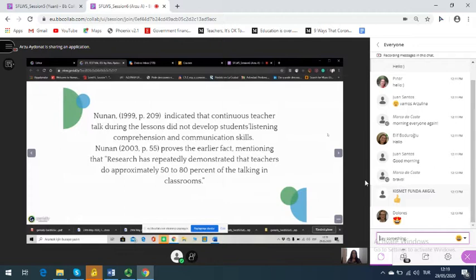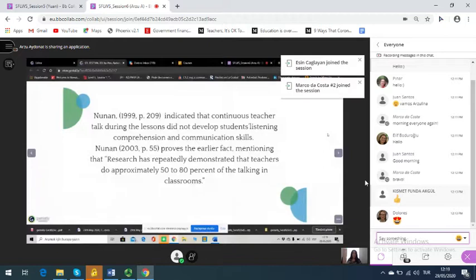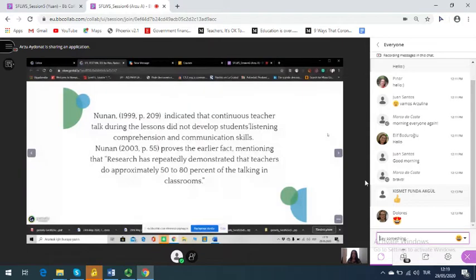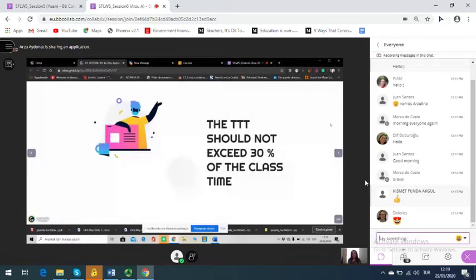He indicates that if the teacher talks too much during the lesson, this does not help to develop students' listening comprehension and communication skills. And he says that researchers demonstrate that teachers do approximately 50 to 80% of the talking in classrooms, but we have to remember that teacher talking time should not exceed 30% of the classroom time.